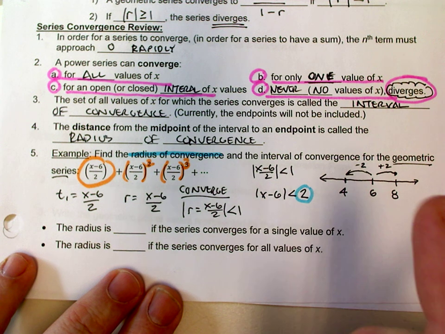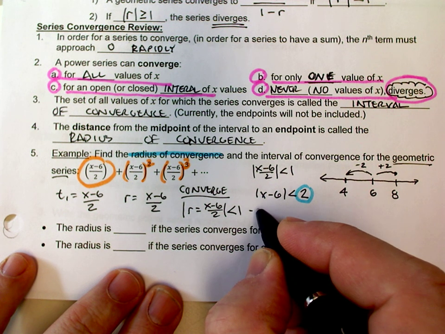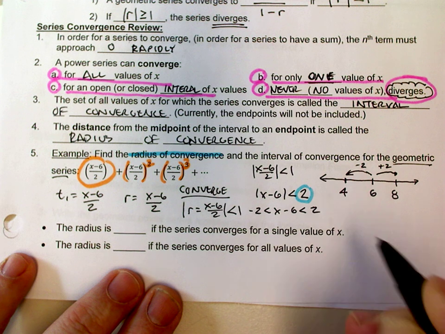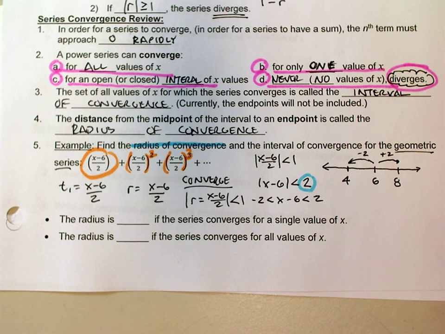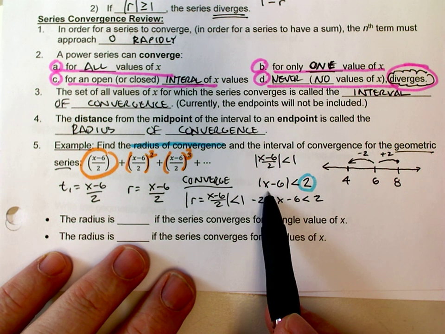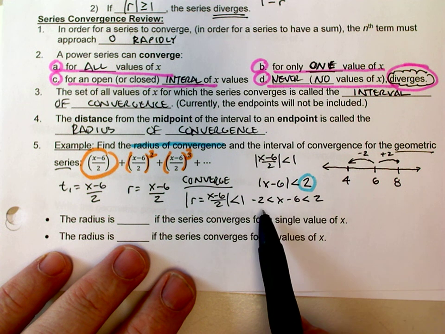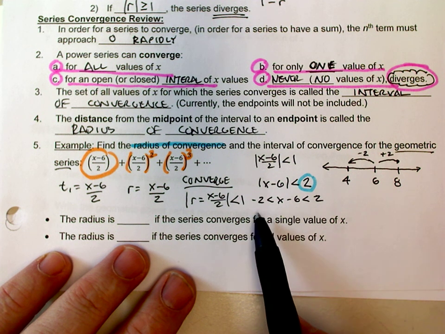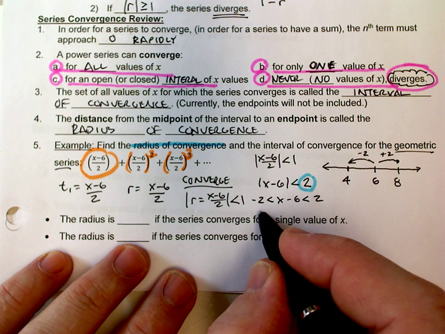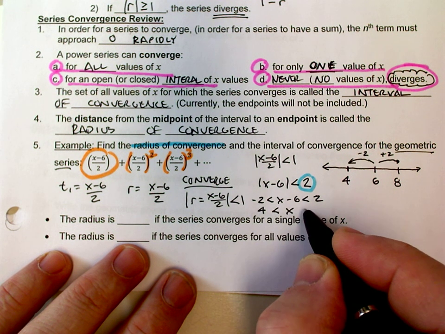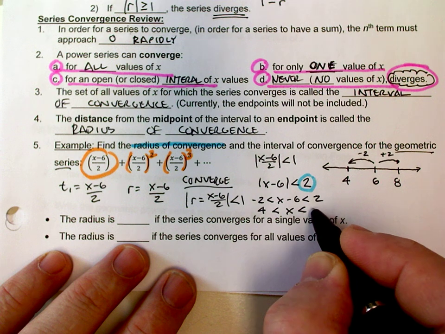And remember how we solved these in Algebra 1? We set these up as this type of inequality, where we know that x minus 6 has to be between -2 and 2. Add 6 to this, and this would be 4 is less than x, which is less than 8.